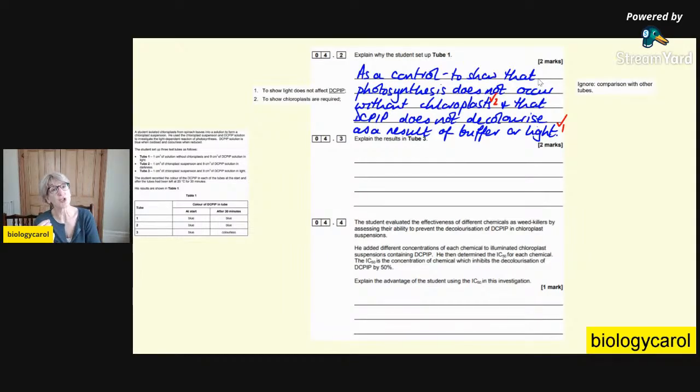But it also shows that there isn't anything else in that tube setup that causes the decolorization on its own. I hope that makes sense. Two aspects to what a control does, worth getting your head around those, because a 2-mark question about a control will be those two things.